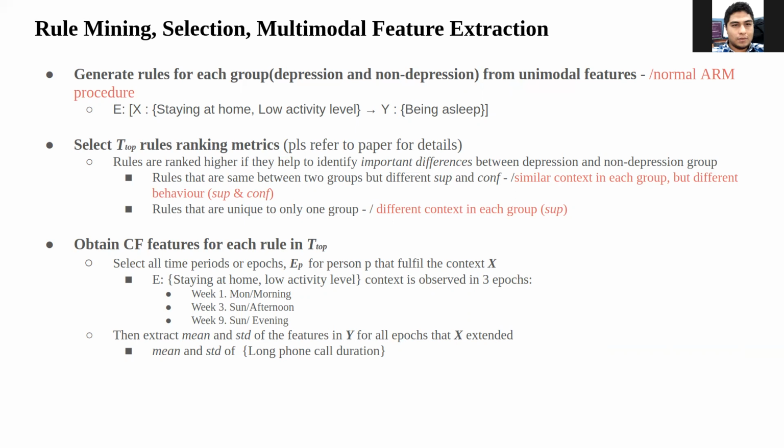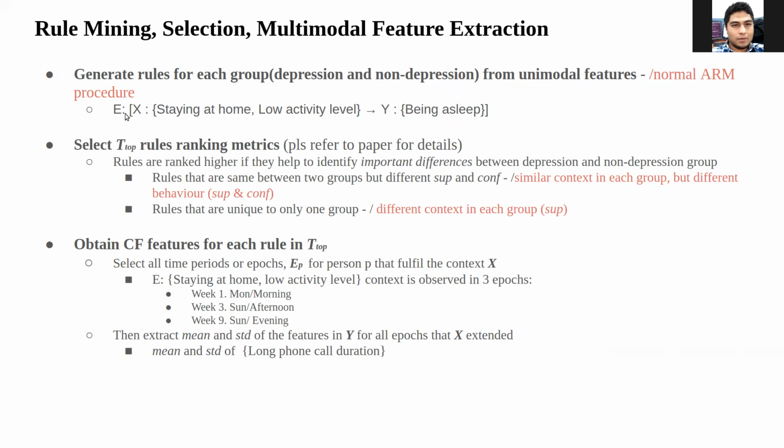Within each epoch, they also separate the depression and non-depression groups, because the point is to get different rules for the depressed group and the non-depressed group. The rules are actually behaviors. The understanding is that depressed people should behave differently than non-depressed people. That's why they have different sets of rules, and we have to run association rule mining separately for each group.